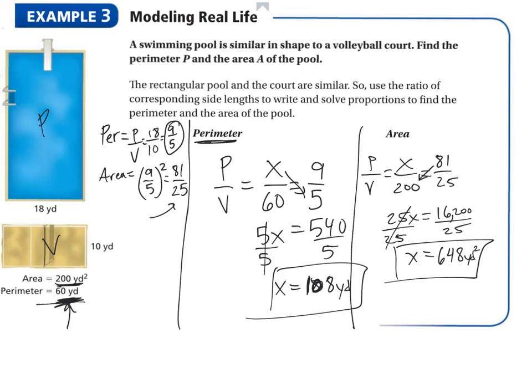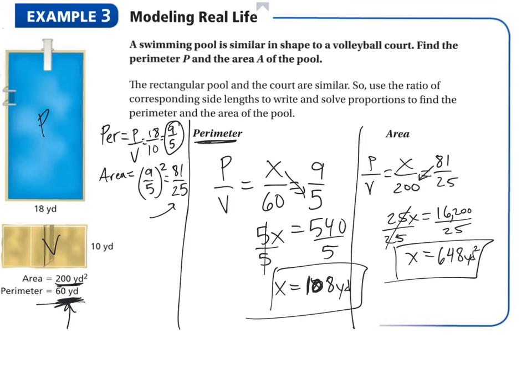Okay? Now when you're talking about squaring it, a rectangle is an easy one to understand. You're talking about length times width, right? So yards times yards. It's a square relationship. So you have this 9:5 ratio times this 9:5 ratio. So you end up with 9 times 9 over 5 times 5, and you end up with this square relationship, okay?